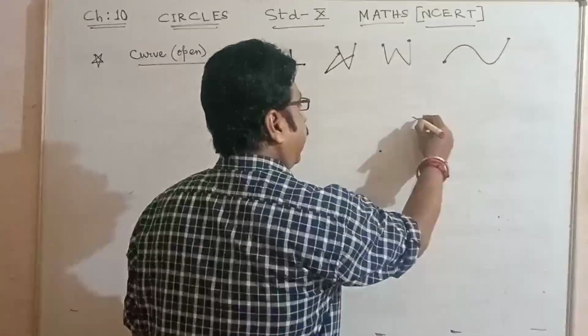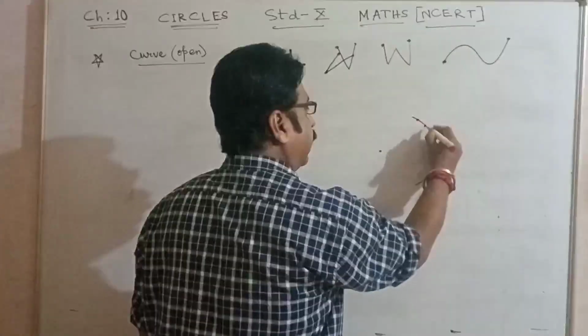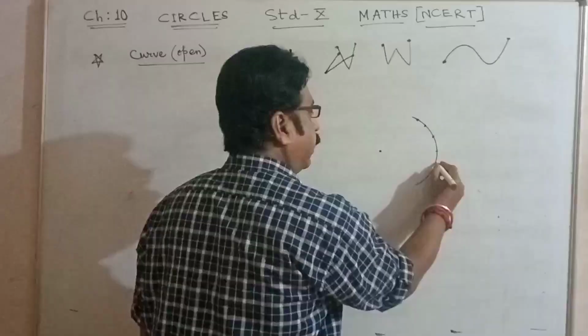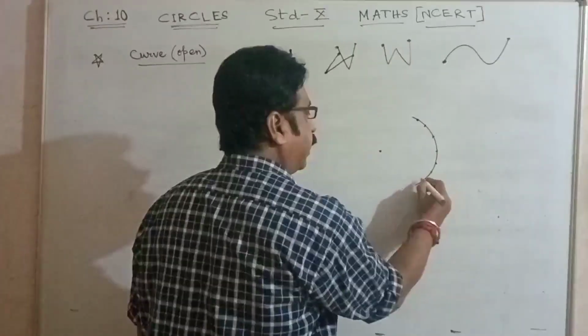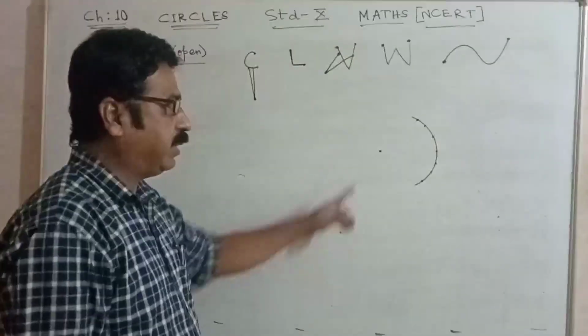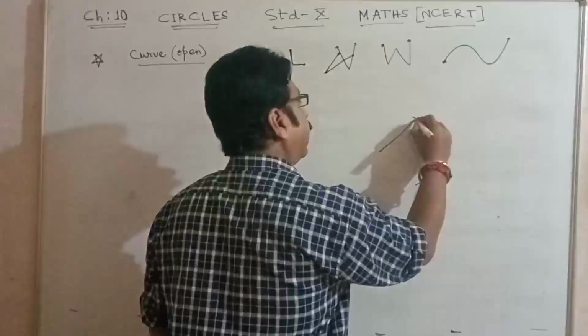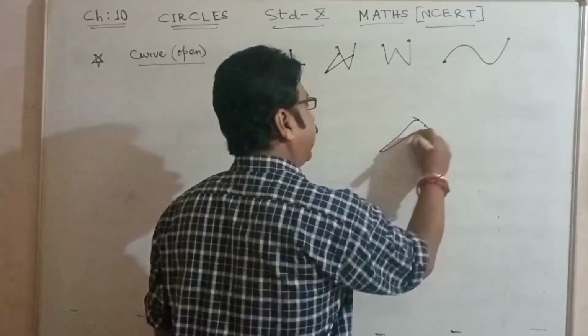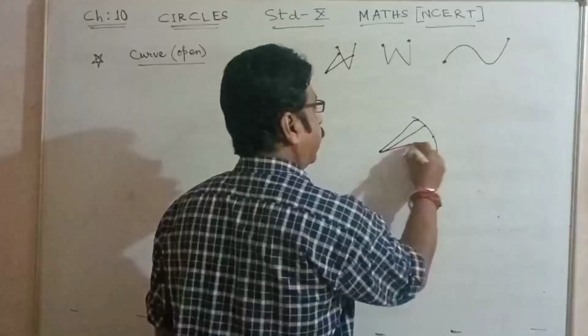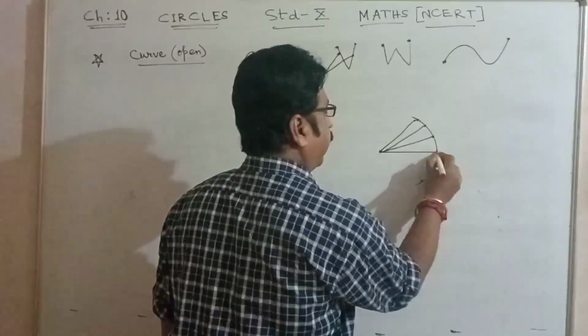If we join any point on this curve with a point which is not located on this curve, and that point is a fixed point, you will get distances from that point.